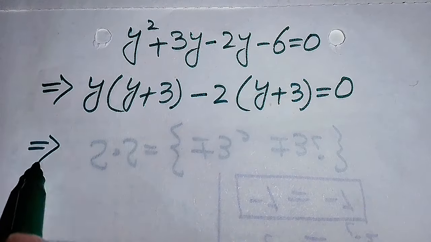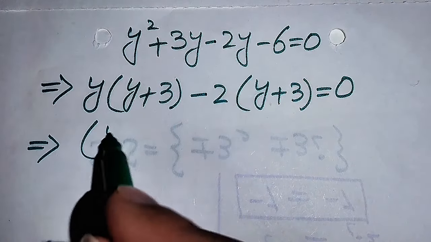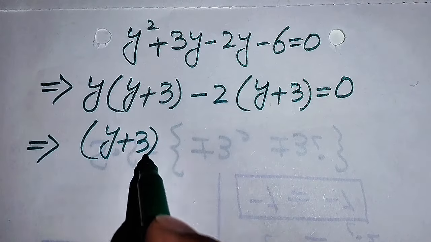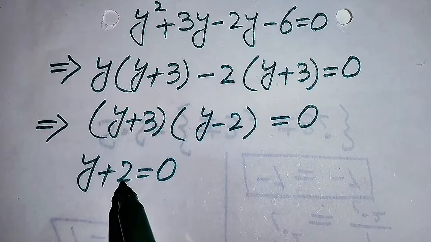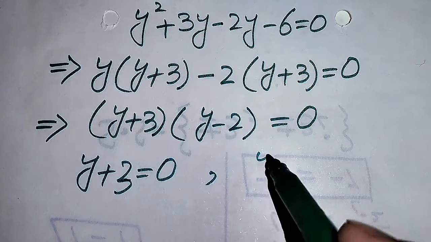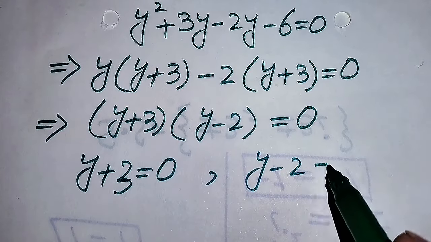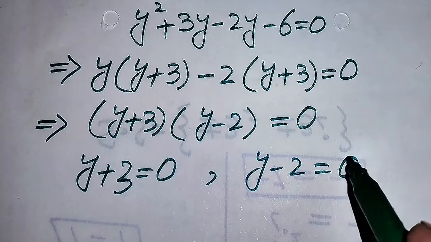In the next step we take common y plus 3, and the remaining values are y minus 2, and this whole equation is equal to 0. Here we divide this equation into two cases. The first case is y plus 3 equals 0, and the second case is y minus 2 equals 0.